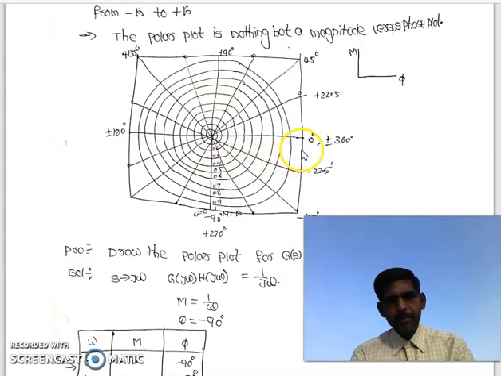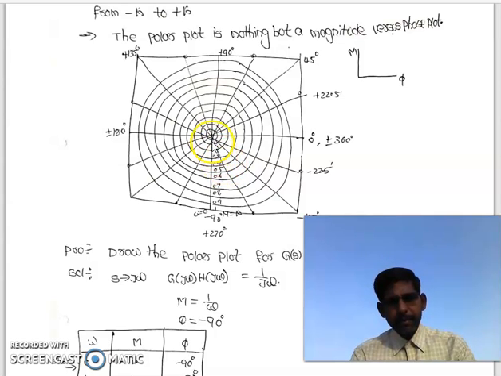The angles will be 0 degrees and plus 22.5 degrees, 45 degrees, 90 degrees, 180 degrees, 270 degrees and 360 degrees. Usually we write the angles in the anti-clockwise direction. This will be the polar plot.